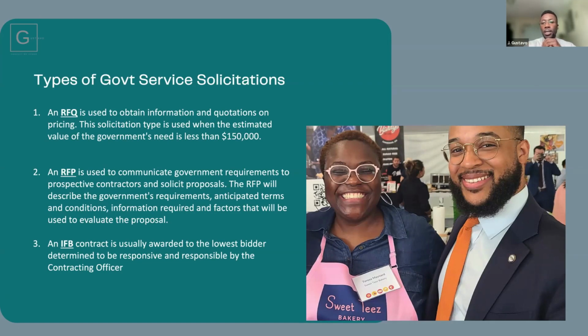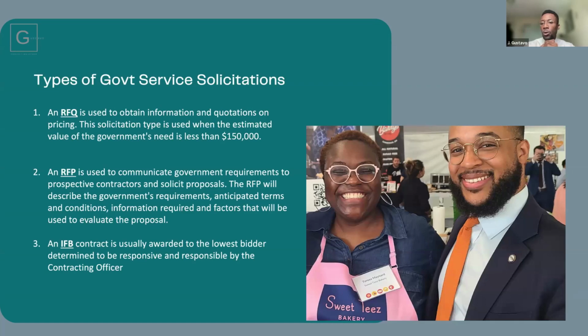So why do we have so many different types of government service solicitations? Oftentimes it's based on the size of the contract, the amount bid. In some cases, the government procures products and services by the following guidelines. This guideline is specific to federal and not local. Local may do things slightly differently. So if you're using SAM.gov and looking for contracts to bid on, this is the criteria they use.